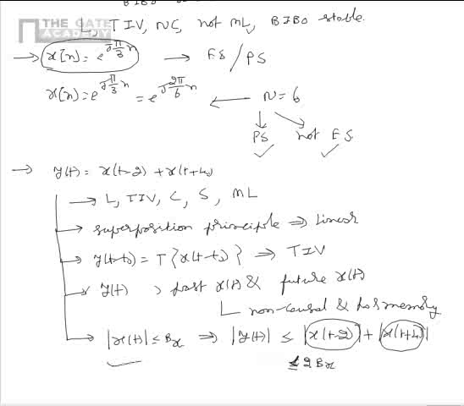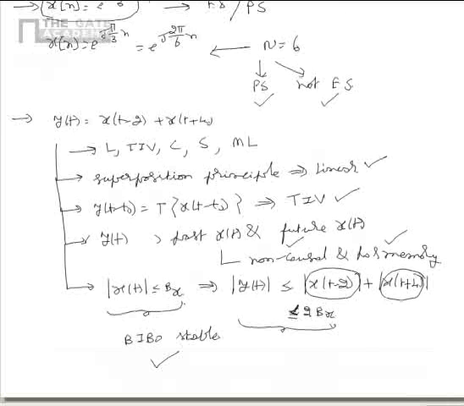So from this we see that if the input is bounded, the output is also bounded. From this we can say that the system is stable in BIBO sense. From this we see that the given system is linear, time invariant, non-causal, and has memory, and also the system is stable in BIBO sense.